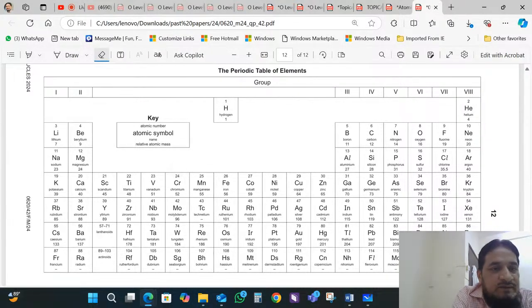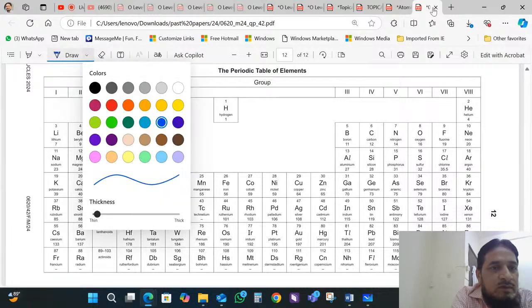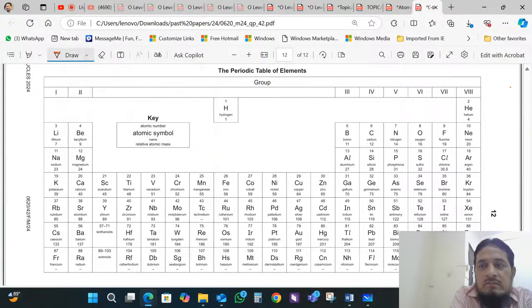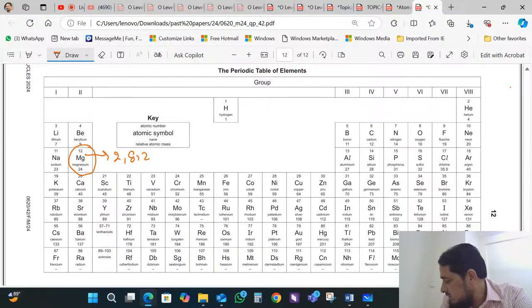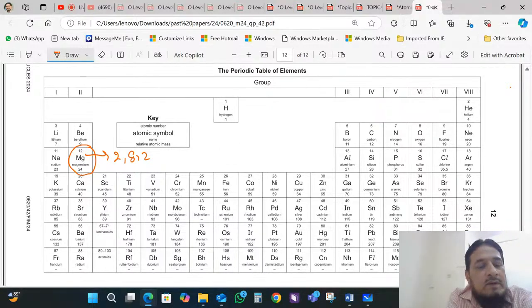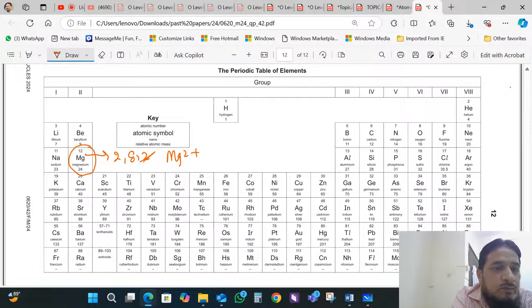So this is magnesium. It has 12 electrons, 2, 8 and 2. So it is going to transfer 2 electrons, so it will become Mg2 plus. Actually, the group 2 elements all have 2 electrons in the last shell, so they will have a 2 plus charge.